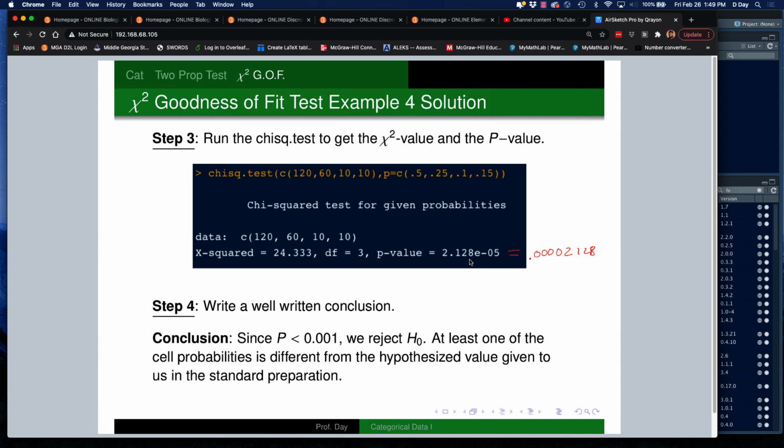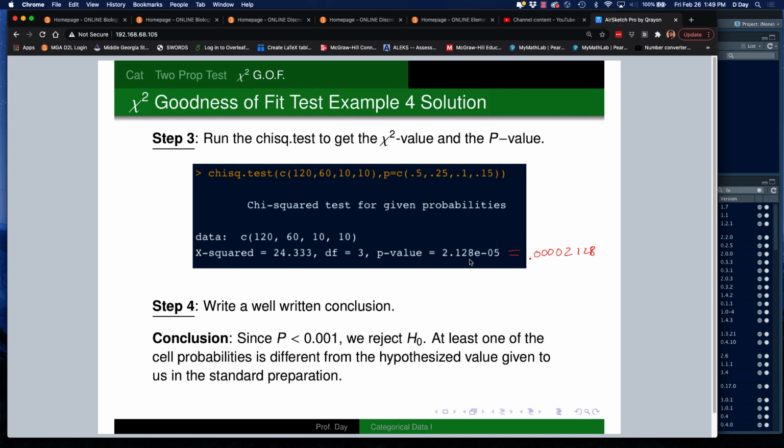So we're definitely rejecting the null hypothesis. We're going to go with the HA. There's definitely something different. At least one of the probabilities is different. So the conclusion would be, since p is less than 0.001, we reject the H0. At least one of the cell probabilities is different from the hypothesized value given to us in the standard preparation.